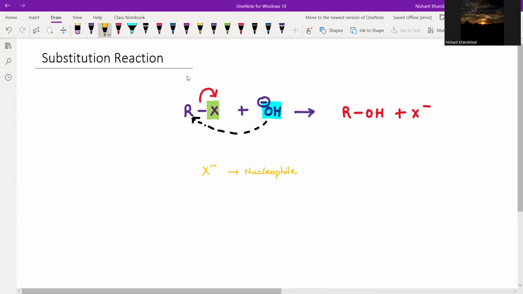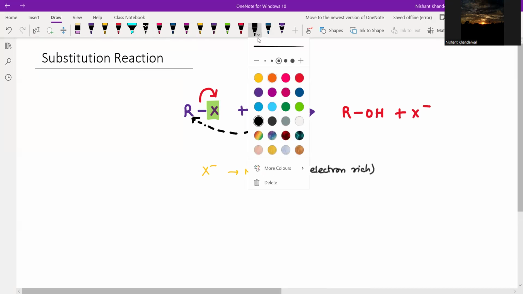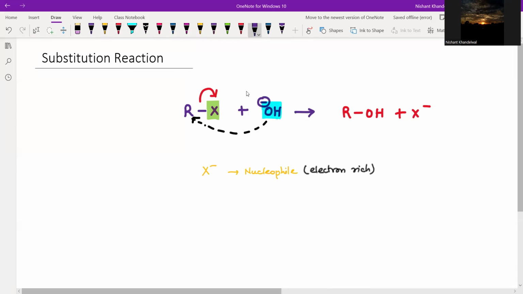Nucleophiles are electron rich species, anything which has excess of electrons or even lone pairs is called a nucleophile. So you can see here one nucleophile is replacing another nucleophile. X minus is replaced by another nucleophile, that is OH minus.